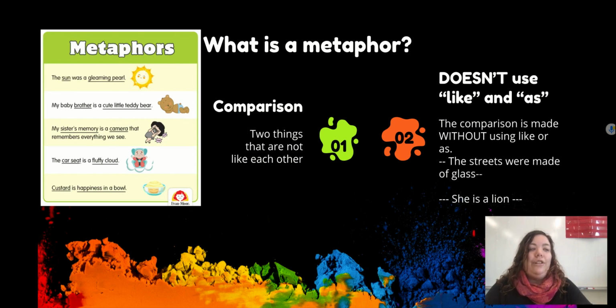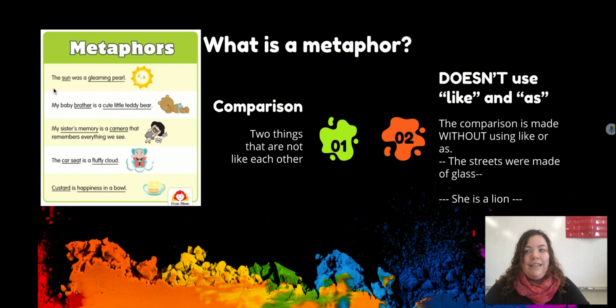I don't mean there's glass on the street. But I'm also not using like or as. I'm comparing the street to glass, but I did not use that word like, and I did not use that word as. Or I could say she is a lion. I'm not saying she literally is a lion, like I'm looking at her and she's a lion. I'm saying she's kind of like one, but instead of saying she's like a lion, since it's a metaphor, I'm just saying she is a lion.